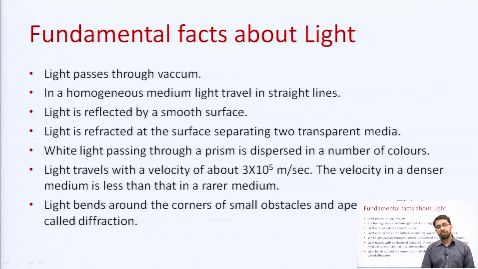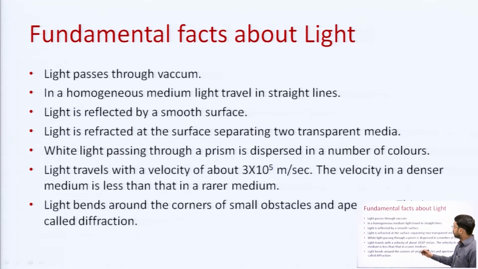There is a huge free space between different stars and earth. So, light passes through all that space and it reaches us on earth from sun, from stars.